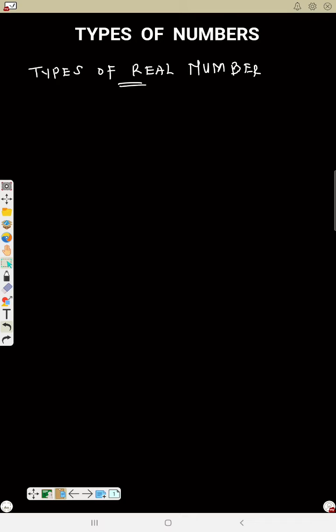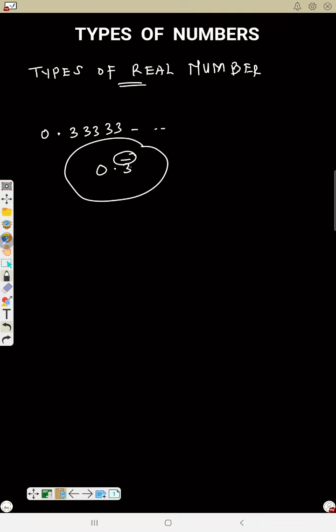before we proceed, let us see how we can represent a decimal number. A repeating decimal like 0.33333, meaning it's continuous, we can represent as 0.3 with a bar on it.